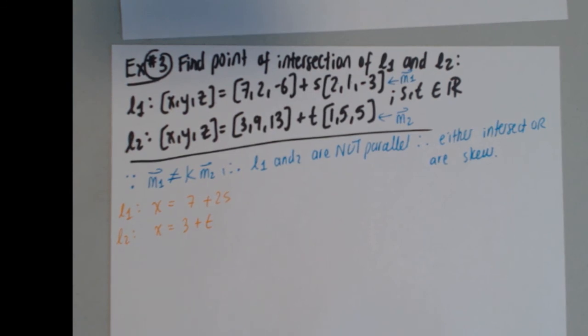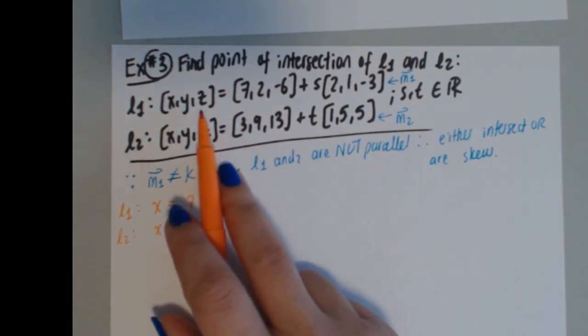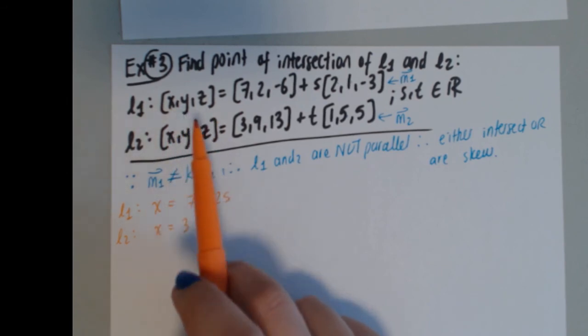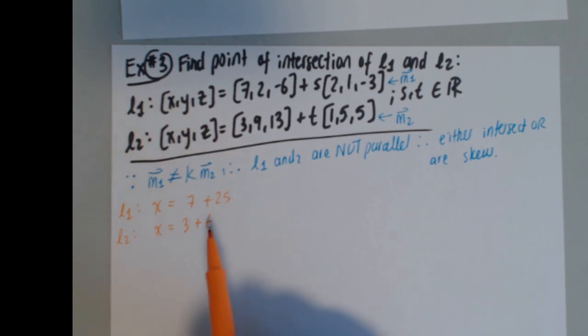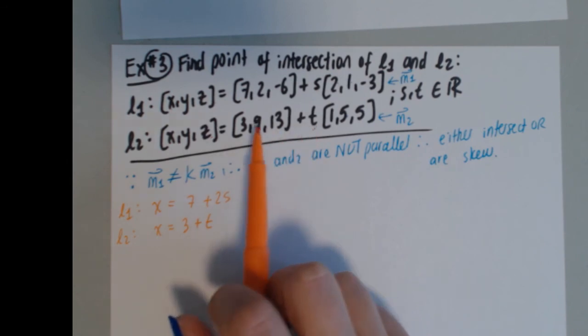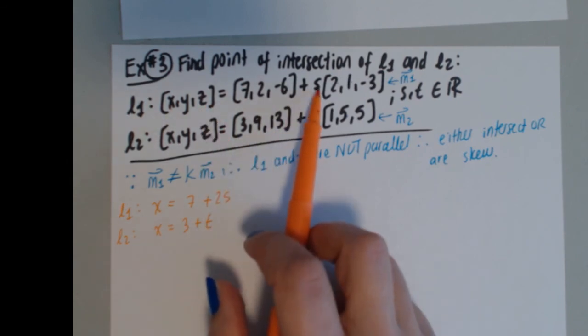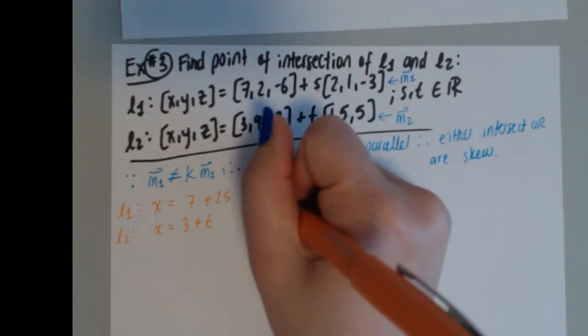The way you determine if a point that exists on L2 also exists on L1 is if the s and t values you extract from the first 2 dimensions also satisfy the z equations. If you get the same z value using the t value you determined in L2 and the s value you determined on L1, that means that you have found a point of intersection. So this is what we're going to do now.